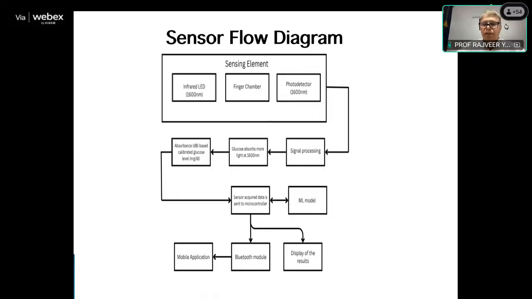Already it has what will be your blood glucose level. It will compare, and if there is some erratic data, it will stop you from getting that, and you get factual data. And through the Bluetooth module, the app will be connected. You can see the display of your real-time monitoring device in this display unit, as well as it will route the data acquired to the mobile app. This is the whole flow philosophy of the blood glucose sensor.